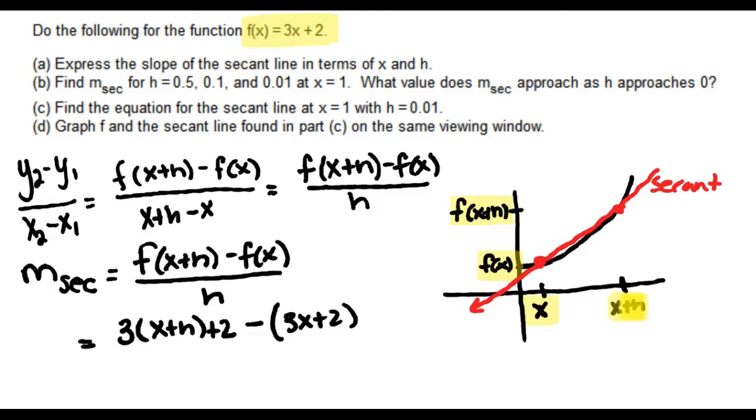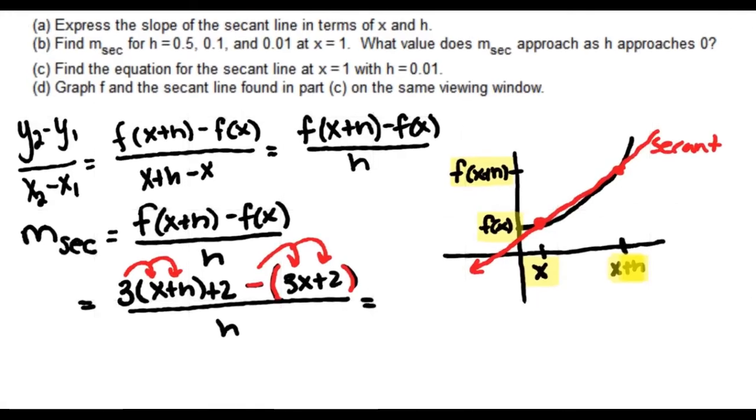And that's to make sure that this minus applies to the whole function and not just the first term. In the denominator, we have h. So I'm going to use the distributive property on this 3 and the distributive property on this negative. That will give me 3x plus 3h plus 2 minus 3x minus 2 over h.